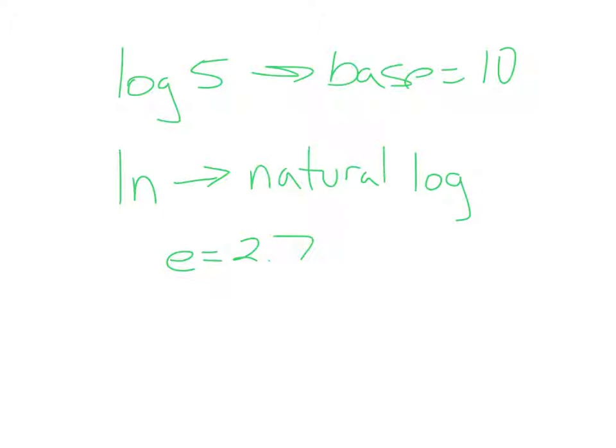So here's the important stuff for today. The natural log of x is the same thing as log base e of x. And in this case, I don't remember what it is, I think 2.71 something.